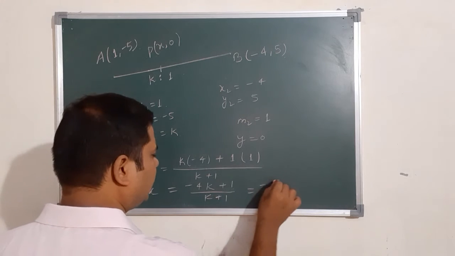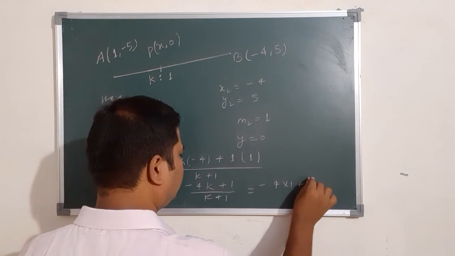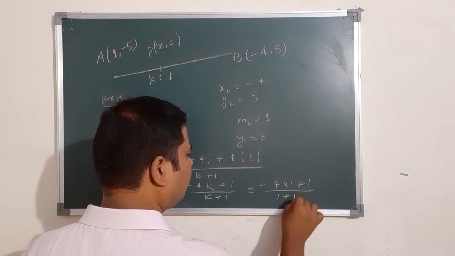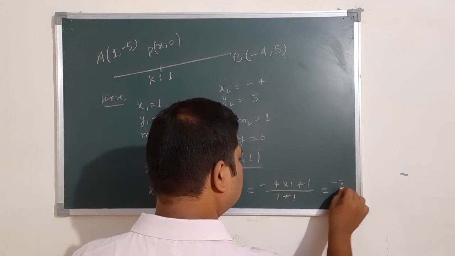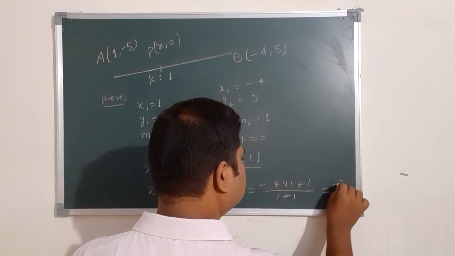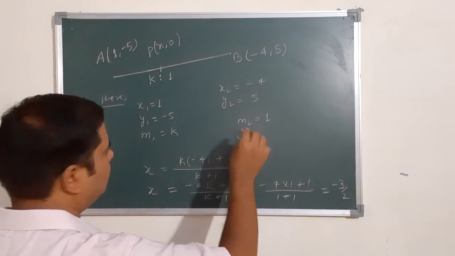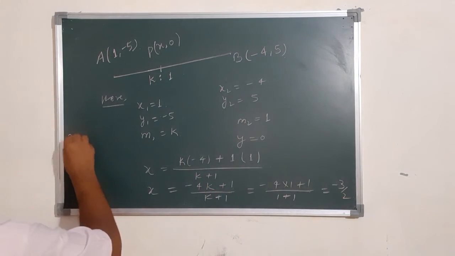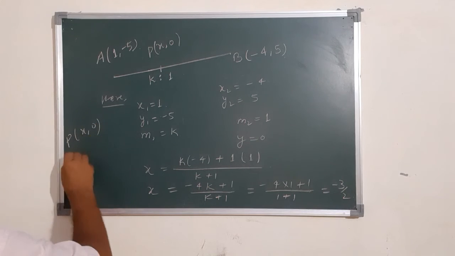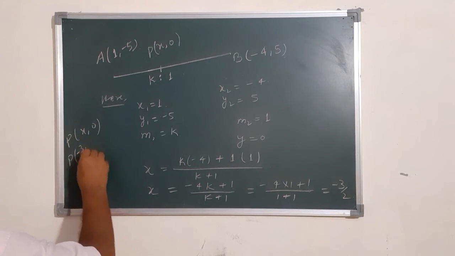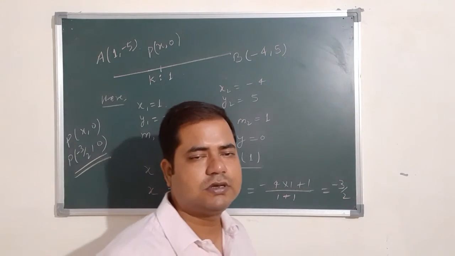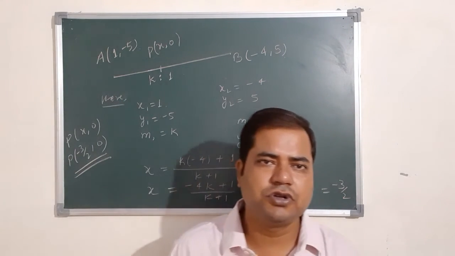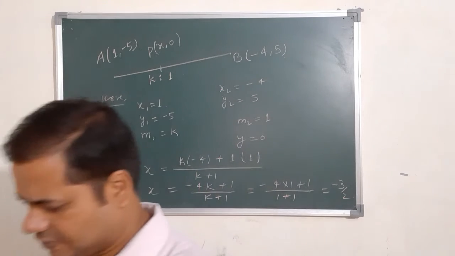This is -4 times 1 plus 1, divided by 1 plus 1, which is nothing but -3 by 2. So this is the point (x, 0), that means P is (-3/2, 0). Okay, so this is the solution of question number 5.